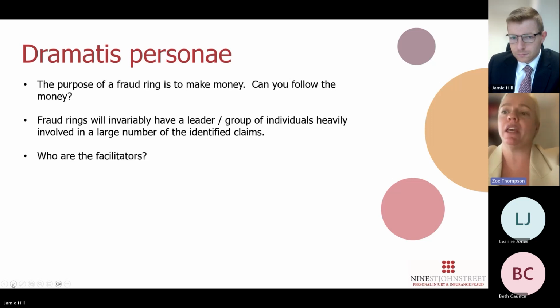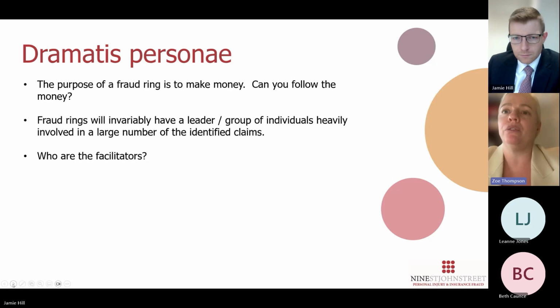And I always think of the key protagonists in a fraud ring as forming a bit of a pyramid, where you start with the people who are there actually, for example, staging the accidents, then you move up to the repair garage, then maybe the credit hire company, and at the top of that pyramid, you often think of it as being the claimant's solicitors.